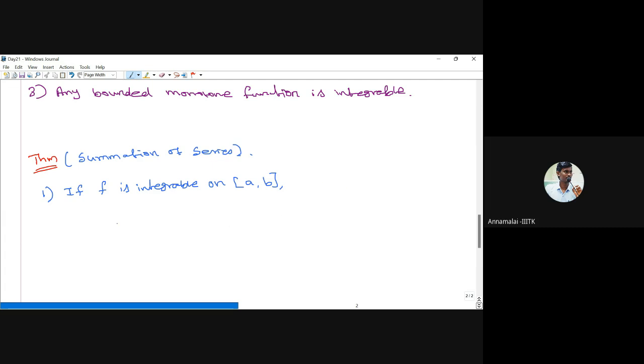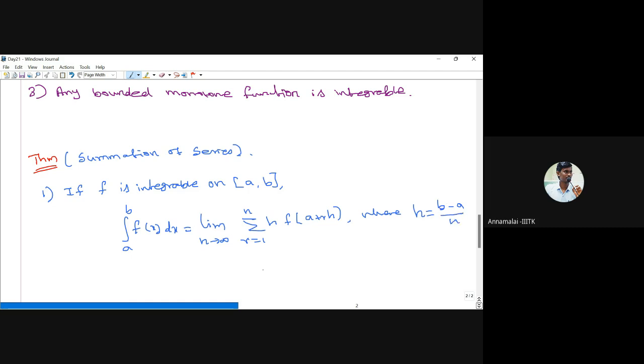Then the integral from a to b of f(x) dx is nothing but the limit as n goes to infinity of (1/n) summation r equal to 1 to n of h f(a + rh), where h is nothing but (b - a)/n.